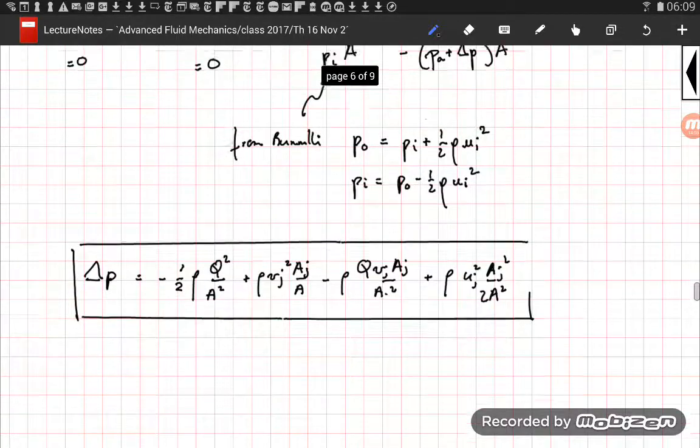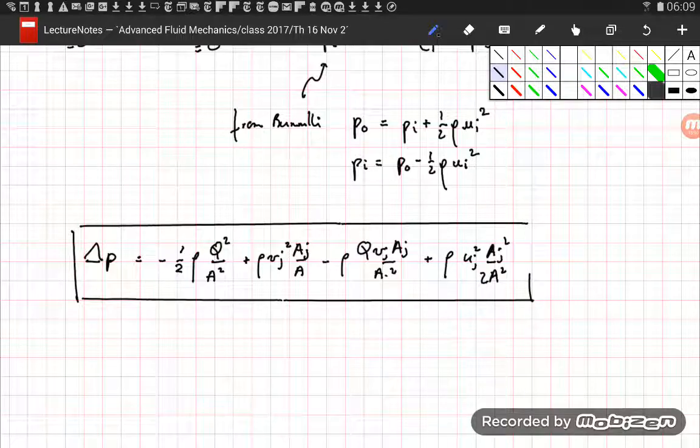You can assume that, if you want this pump to be actually doing something interesting, the total volumetric flow rate Q is much larger than the one through the jet.